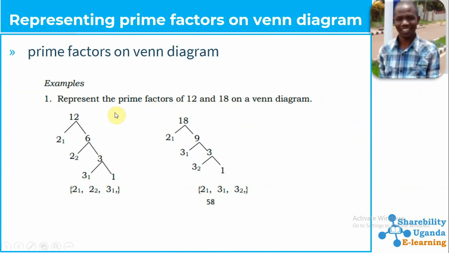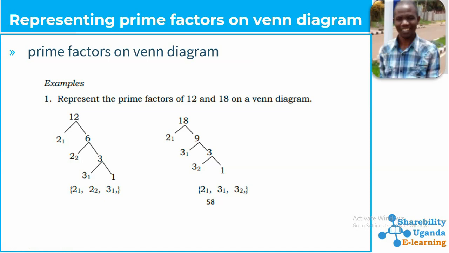So what they always say is to represent the prime factors of 12 and 18 on a Venn diagram. That's how they set such questions. That simply means we have to first find the prime factors of these numbers of ours, 12 and 18.